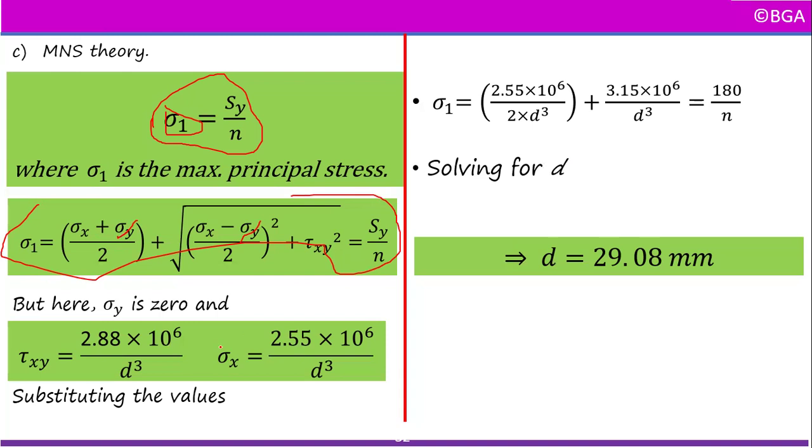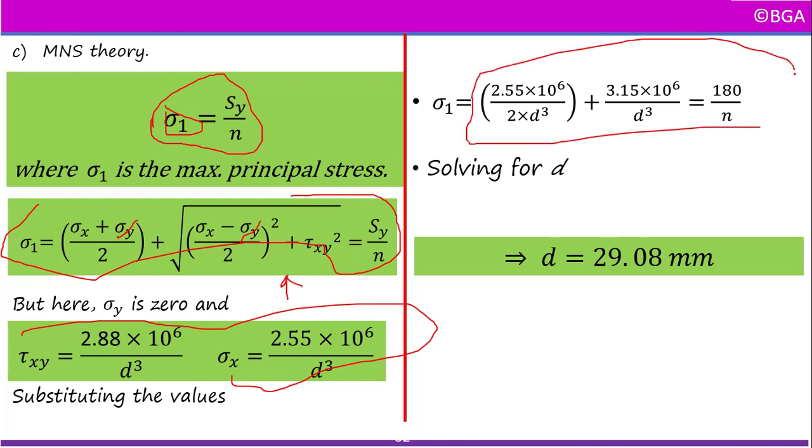If you substitute these values into this expression and solve for d, then you get d to be this value, which is 29.08. So you see that this MNS theory is somehow biased when used for ductile material.